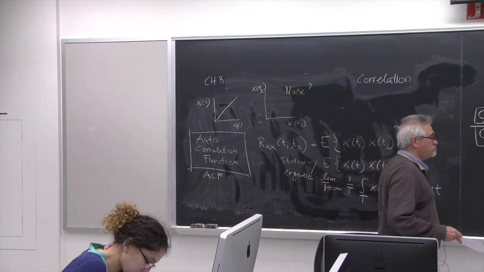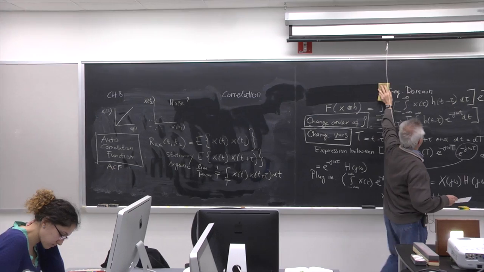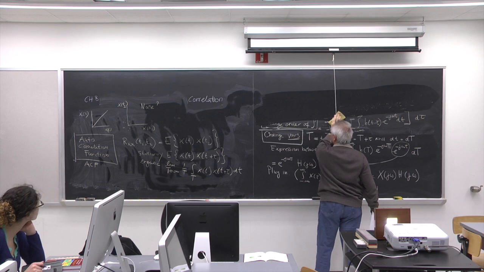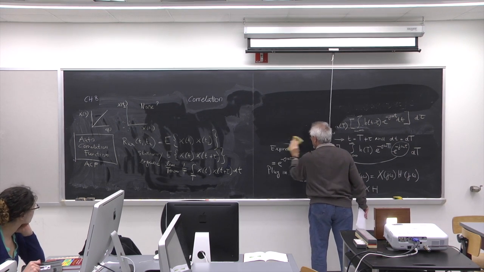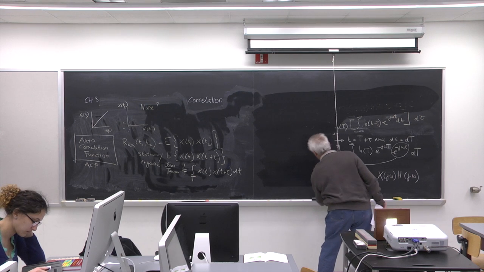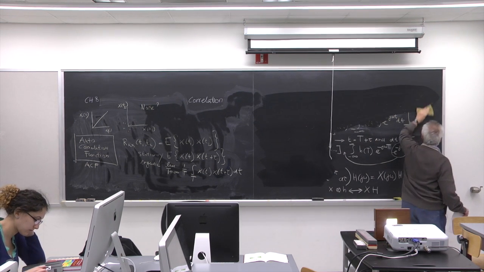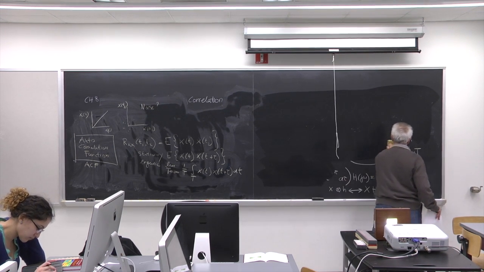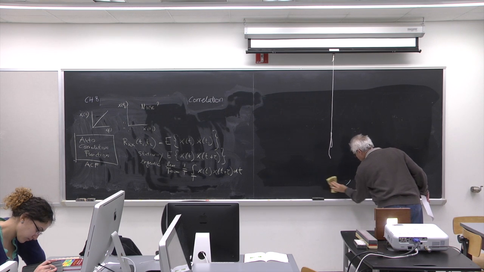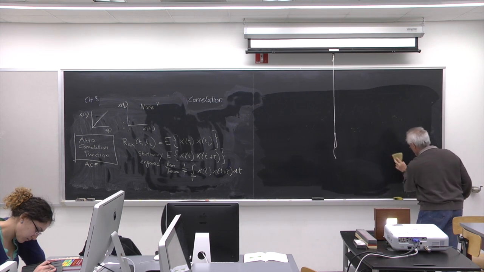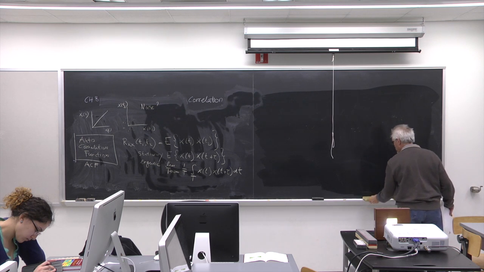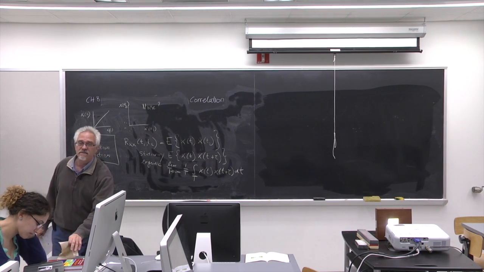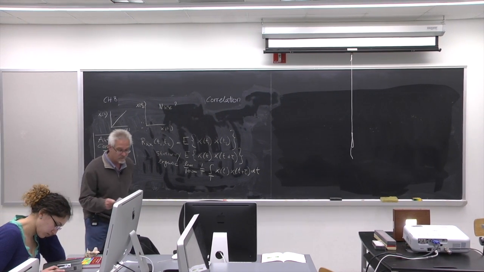The cross correlation is basically working out the same way. There's not much difference there. In that case, I do not have x and x, but I have x and y.